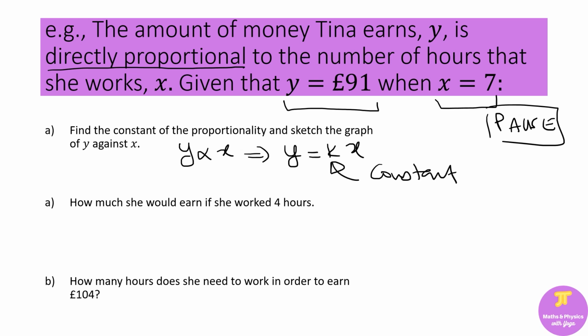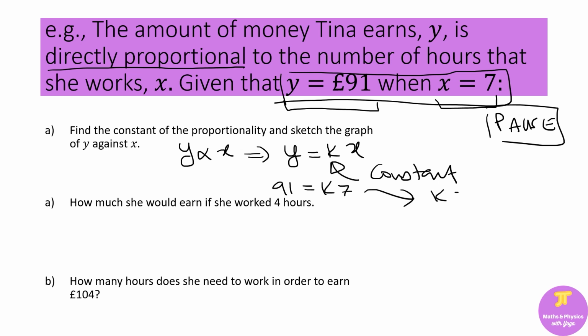They give one piece of information here, so we can use it to find k. y is 91, equal to k times x, which is 7. So k is equal to 91 divided by 7, which is 13.